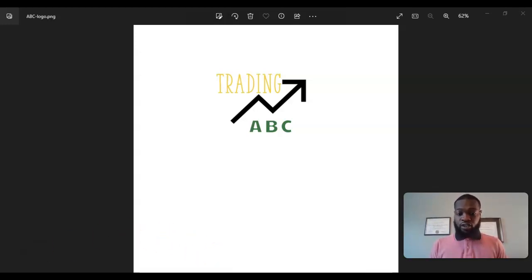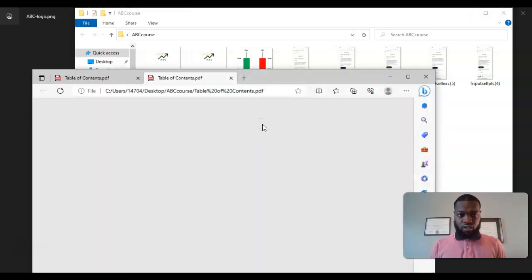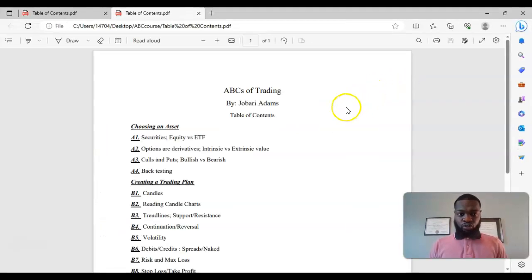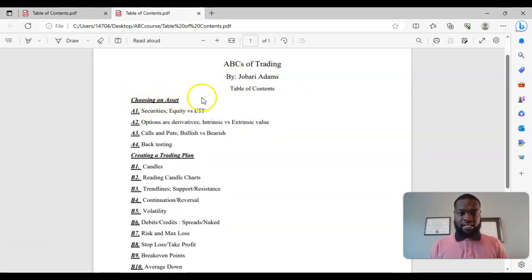So this course is going to be broken down into pretty much 3 segments that I call A, B, and C. And the first segment is going to be choosing an asset. It's all comprehensive, and I'm going to work my way down. These are basically all the terms or subjects or topics that I think one should know while diving into options.